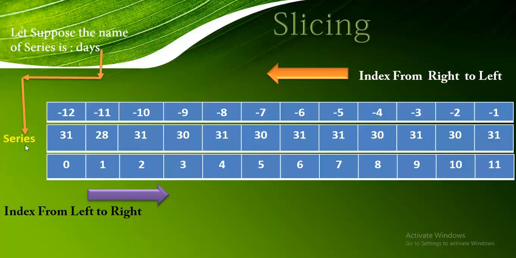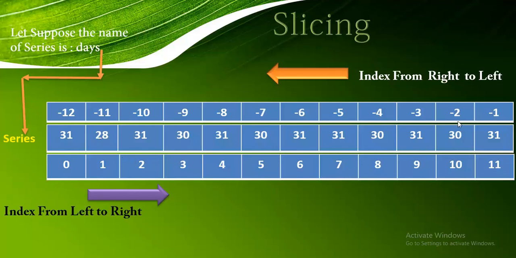If you are traversing a series from left to right, then the 0 index displays the first data item, 1 shows the second data item, and so on.